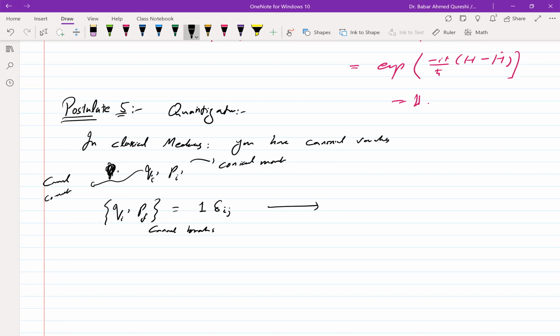The quantization rule is that you change these coordinates to operators. My tablet is acting very funny.